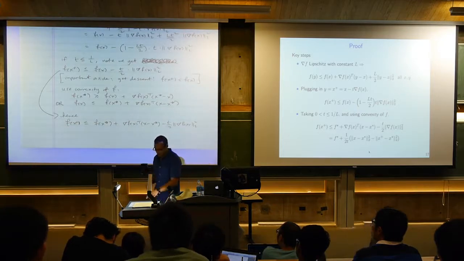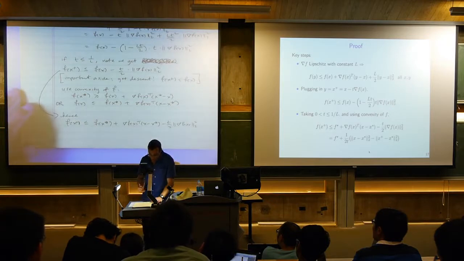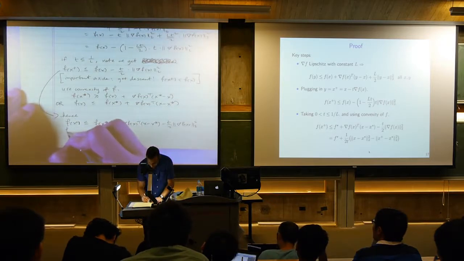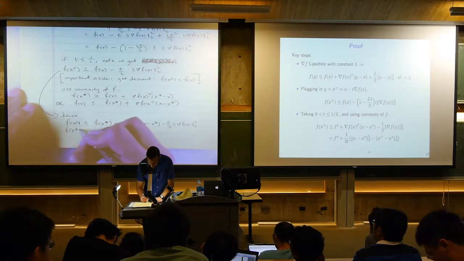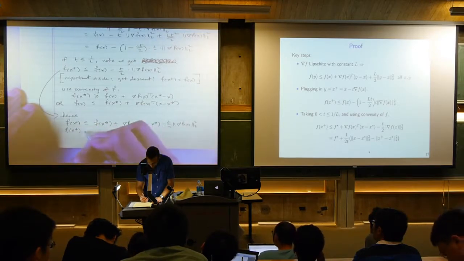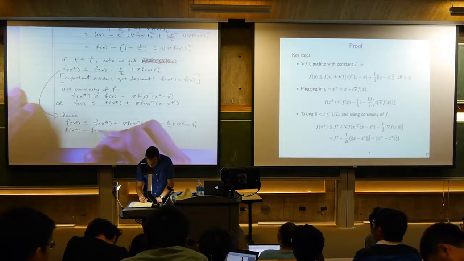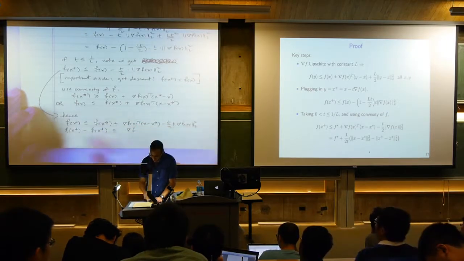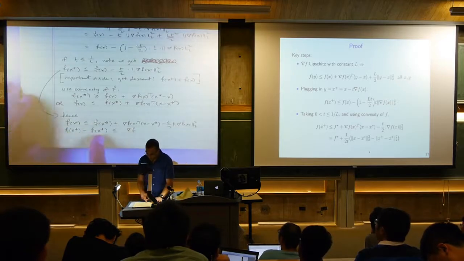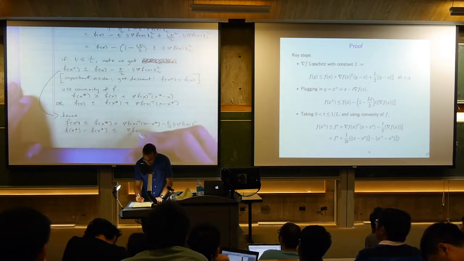Okay, so we're getting quite close. Rearranged, maybe we just want to move the difference between where we are at x plus and the optimal criterion value to one side, because that's the thing we want to bound.